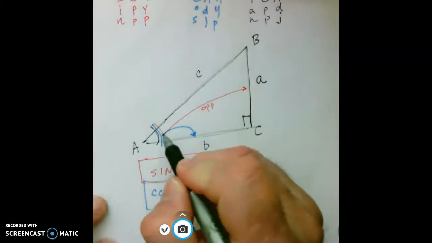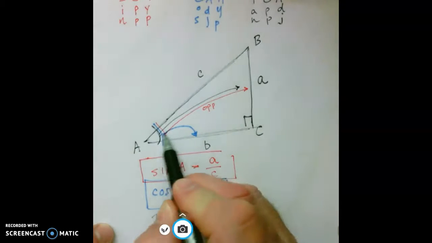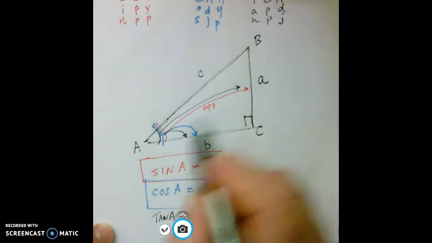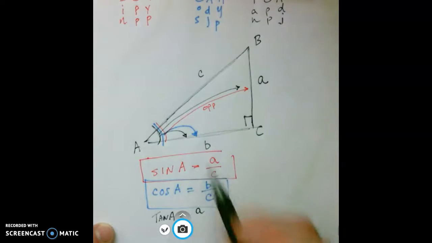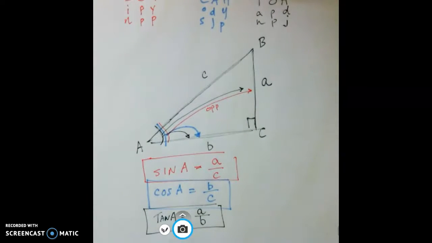So the opposite side is the same as it was for sine, and my adjacent side is this. So tangent is equal to a, the opposite side to A, divided by my adjacent side, or b. Okay? And that is my tangent ratio. And that's all we're concerned with right now, our ratios, our relationships in that regard.